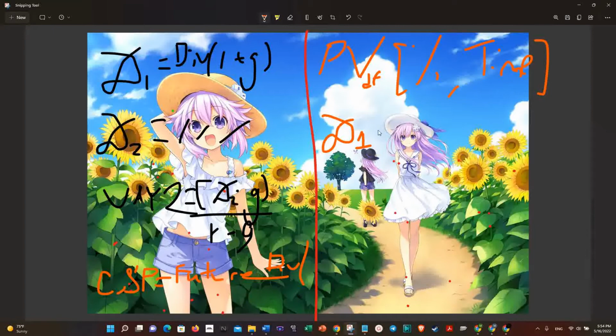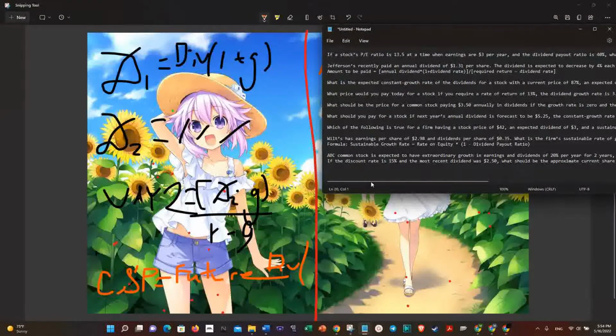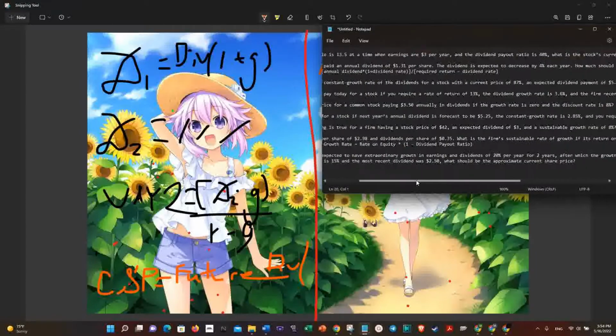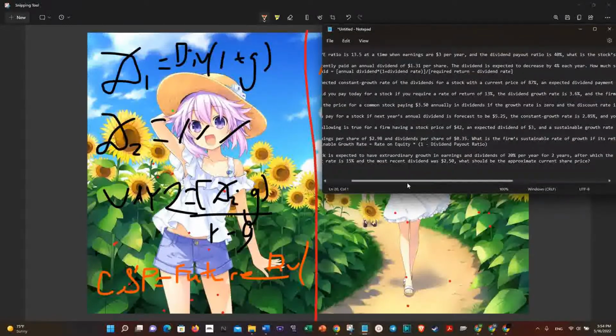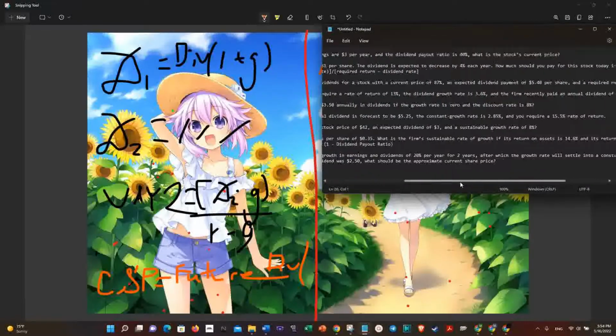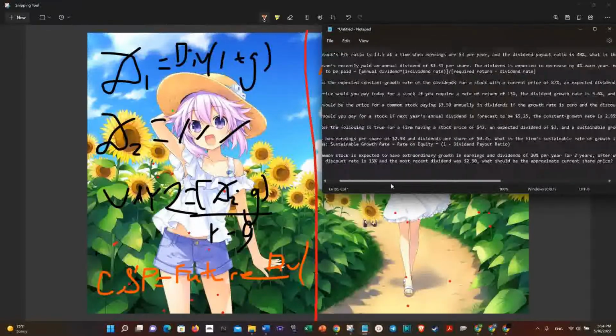We were given that for D1, let's just look at the little notepad here, that the discount rate is 15%, the most recent dividend is $2.50, that the growth in dividends is 20% per year for 2 years, and that the growth rate settles into a constant 6%.